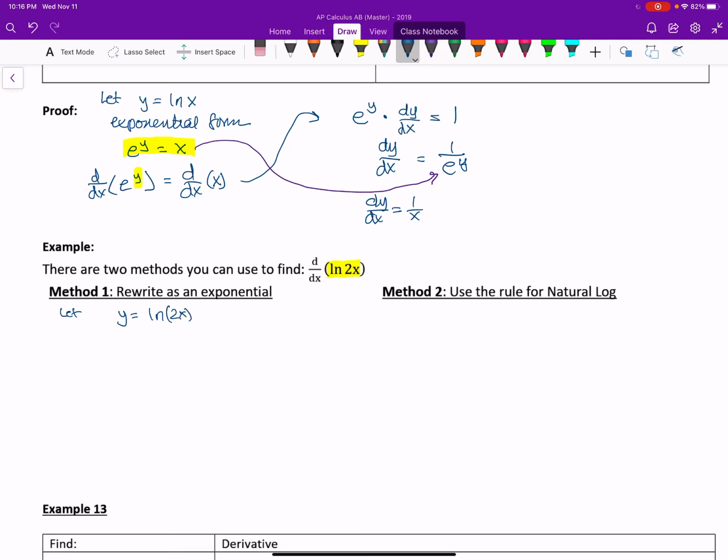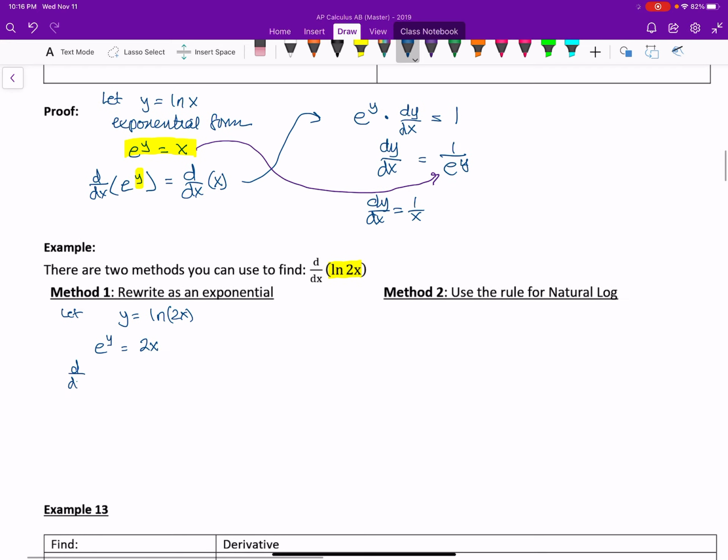Then I'm going to rewrite this as e to the y is equal to 2x. That's putting it in exponential form. Then take the derivative with respect to x on both sides. So e to the y, again, is equal to d dx of 2x. I'm showing that I'm taking the derivative with respect to x on both sides.